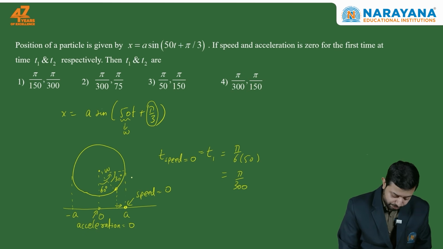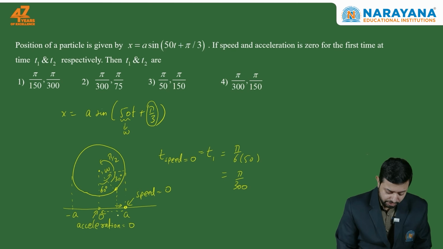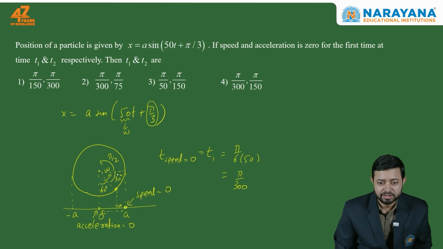And then for acceleration to become 0, it will go to the extreme, then it will come back. It will reach the mean position again. So how much further angle does it have to go on the reference circle? Pi by 2. So overall, for T2, at which acceleration will be 0, it has to rotate by what angle? The 30 degrees and 90 degrees. Total is 120 degrees. 120 degrees means 2 pi by 3, right?